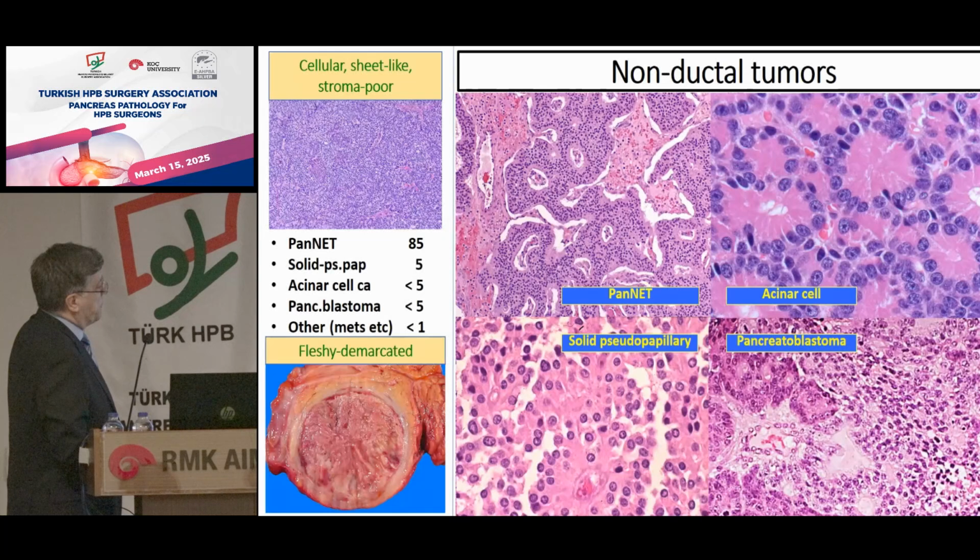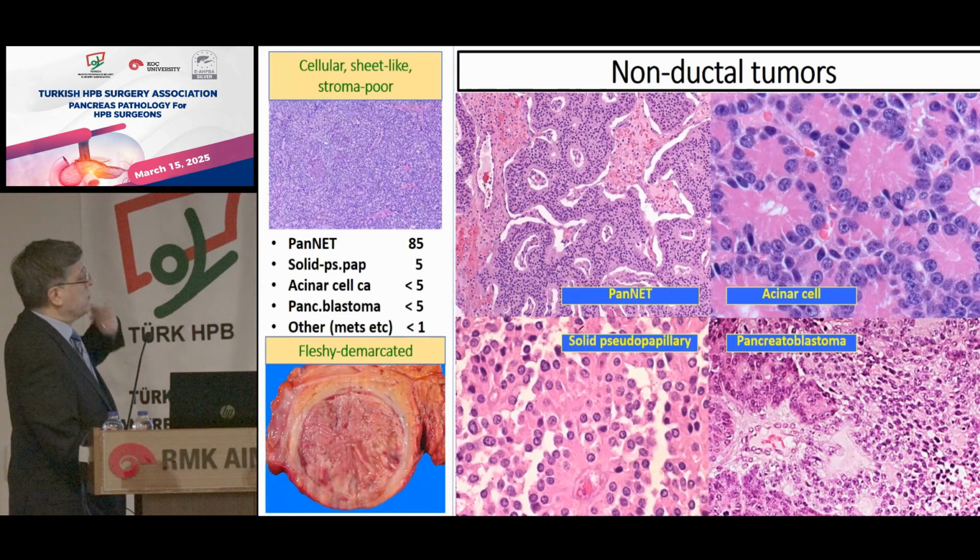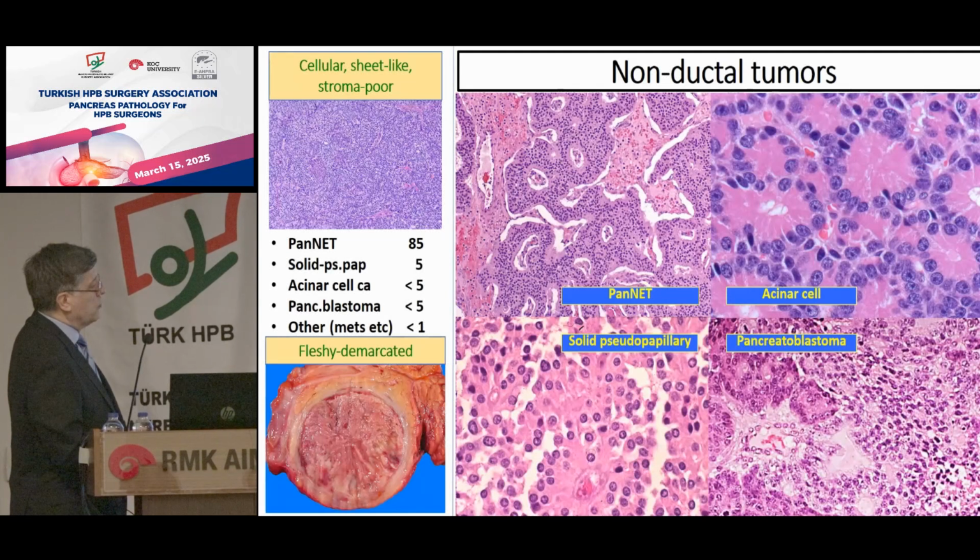Non-ductal tumors, I put here the most characteristic examples just for you to appreciate what they're about. These neuroendocrine tumors are characterized by isletic or nest-like configuration with prominent capillarization that gets translated to radiology. When they are well differentiated, the acinar cell carcinomas do really resemble acinar cells with the acinar granules in them, truly zymogen granules.